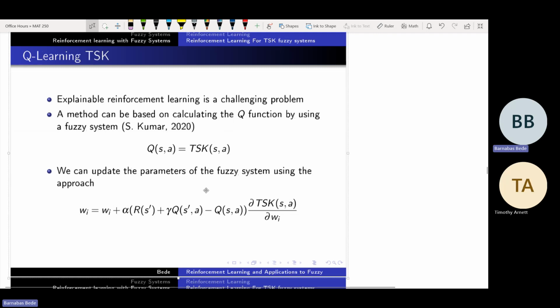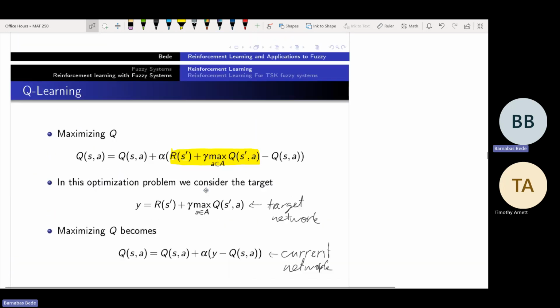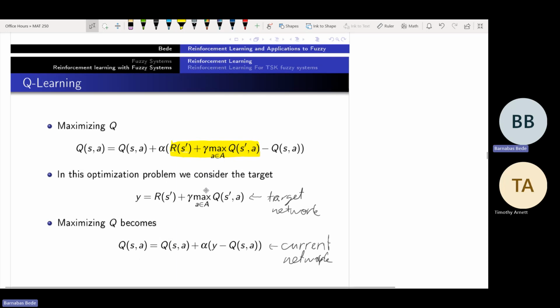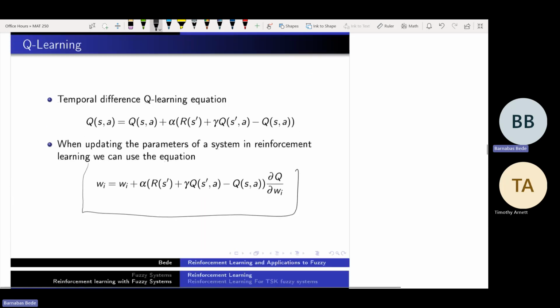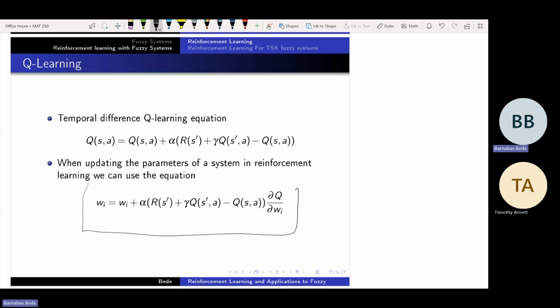So now we go back and see how this modifies our equations. Maximizing Q works the same way, except now Q of S,A is the output of the Takagi-Sugeno system. Where it is different is here. This is going to be a different output, because here Q is the Takagi-Sugeno system.